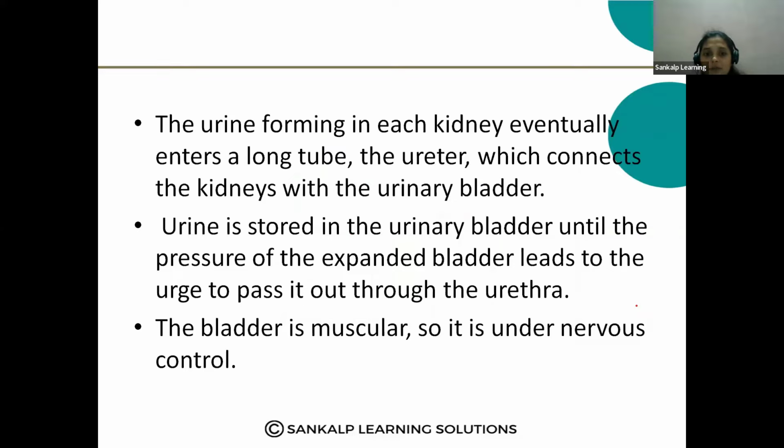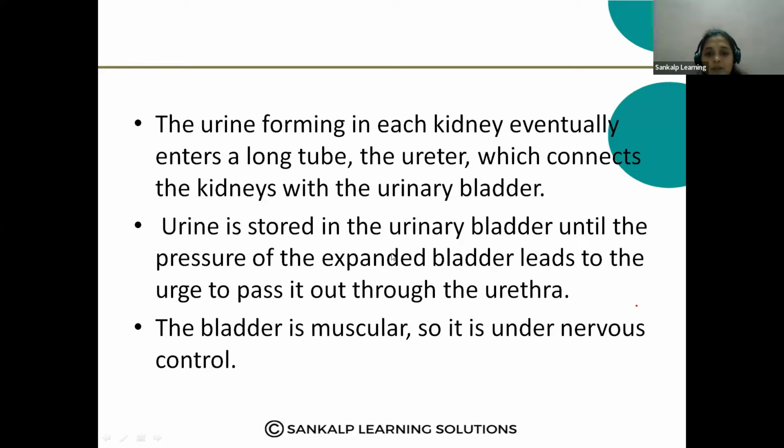After the formation of the urine, it enters the long tube called the ureter, which is connected to the urinary bladder. The urine is stored in the urinary bladder, and when the pressure increases, the bladder helps to pass the urine through the urethra.